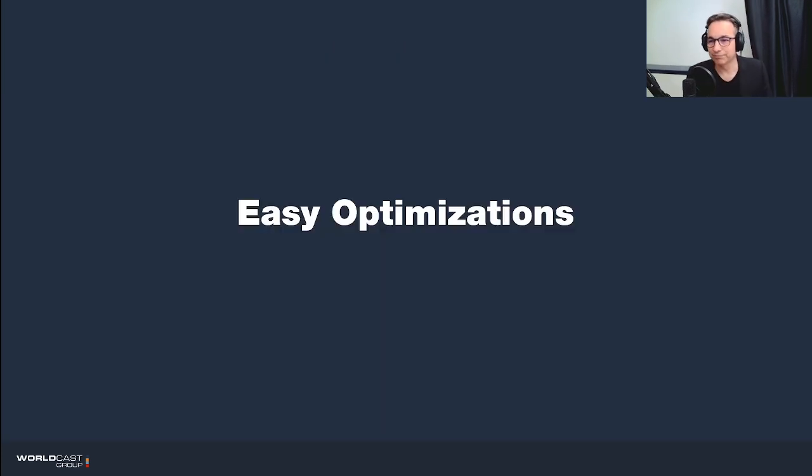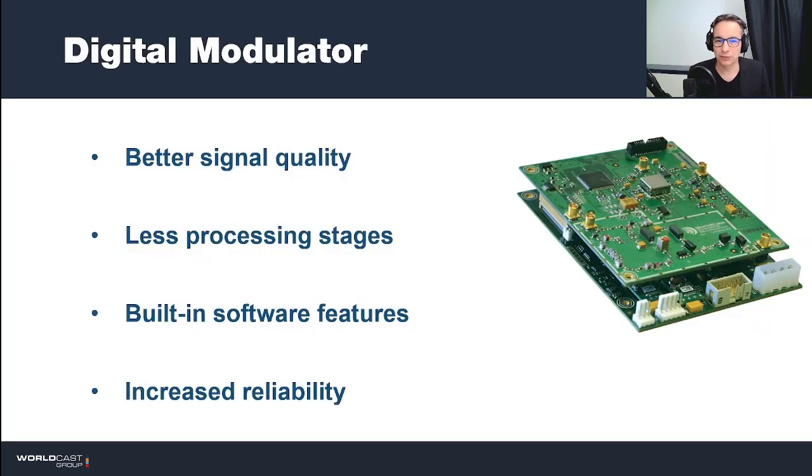So first, we will look at the easiest optimizations we can do in the chain. Today at WorldCast, we have had a digital modulator for more than 10 years. This digital modulator allows better signal quality. It removes processing stages, so more operations on the signal are done in a single chip.